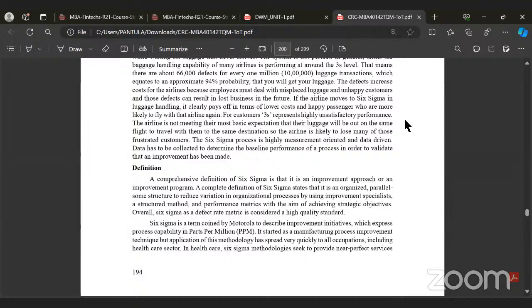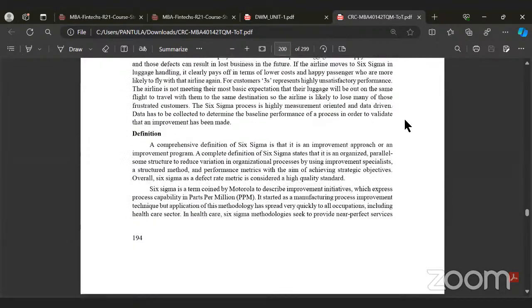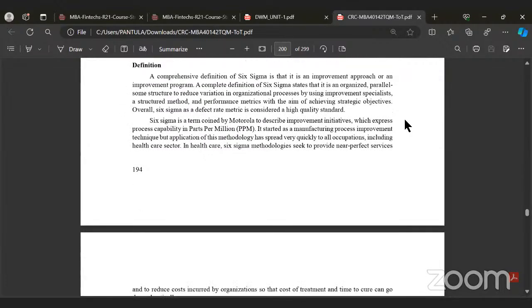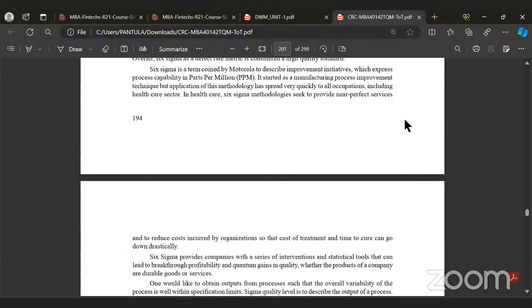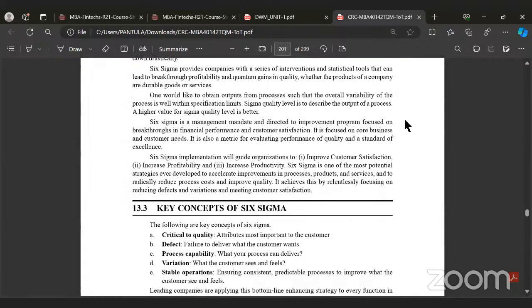Overall, Six Sigma is a defect rate metric considered a high quality standard. Six Sigma is expressed in parts per million. If you take 1 million, how many parts are going to be defective? That's also what we call it.